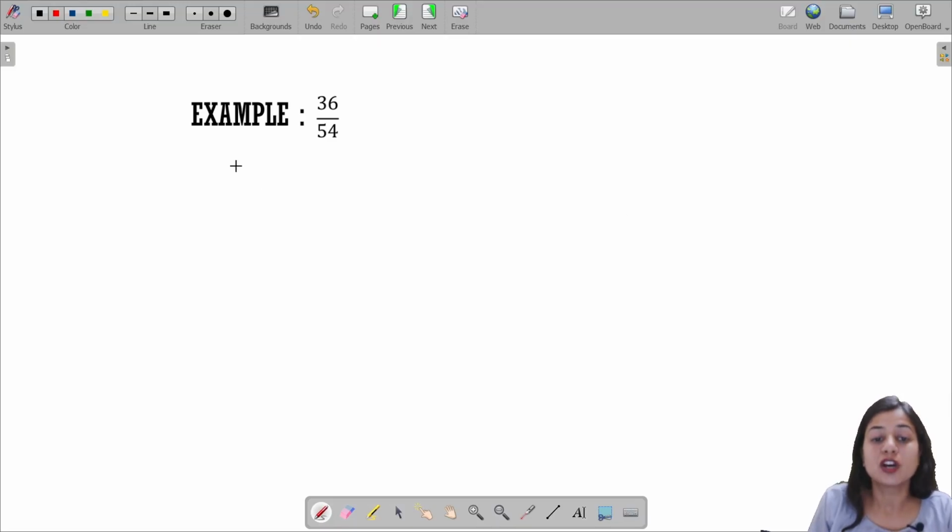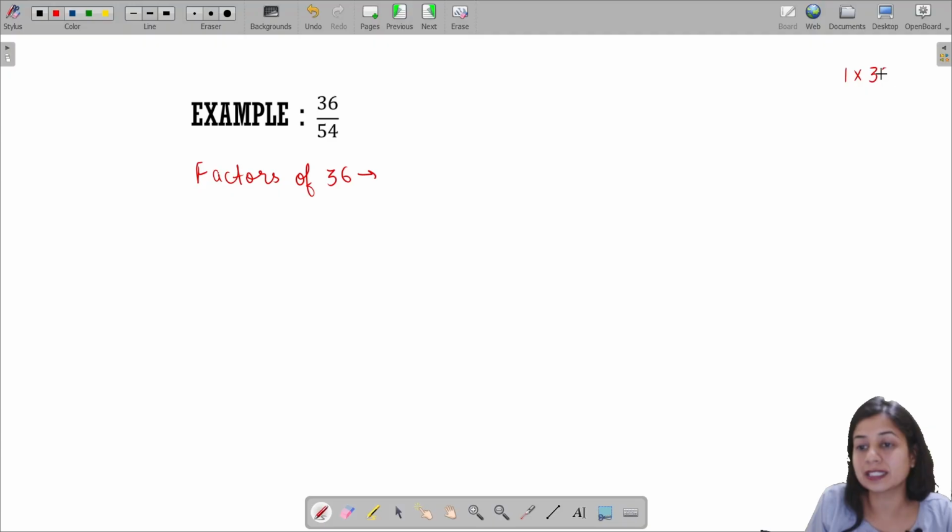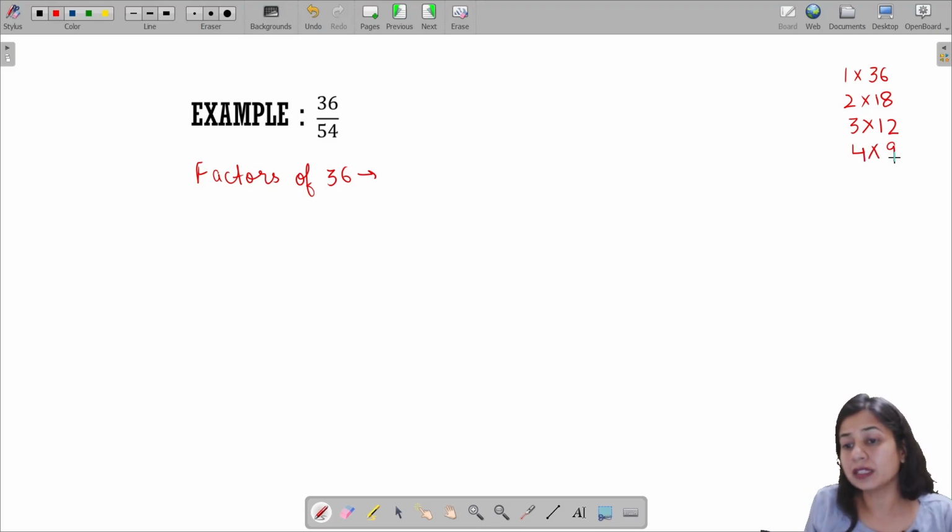First of all, let's find the factors of 36. So 1 and the number itself are always the factors. So 1 into 36 is 36. 2 into 18 gives us 36. 3 into 12 gives us 36. Then 4 into 9.